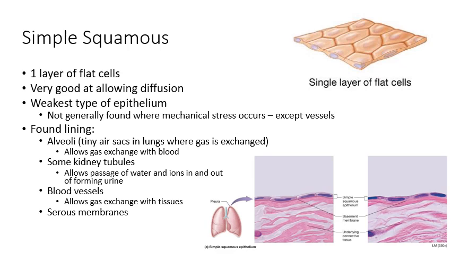For instance, this image here is actually coming from the serous membrane surrounding the lungs that allows the lungs to move without rubbing against the cavity that they're located in, which would be quite painful and would degrade the tissue.